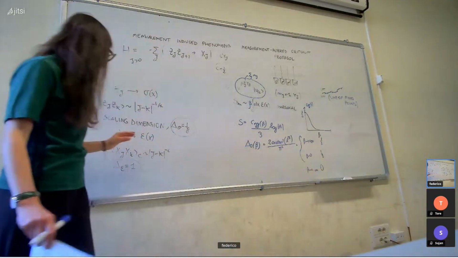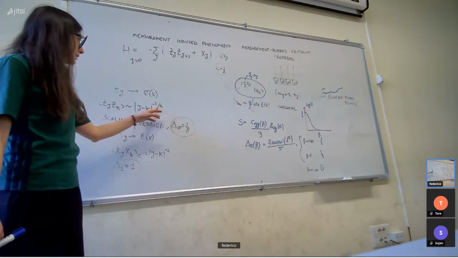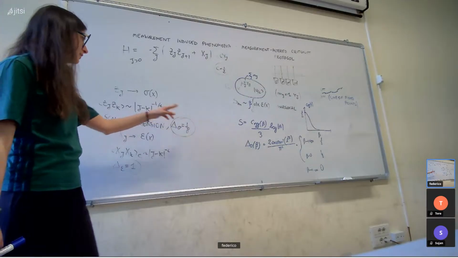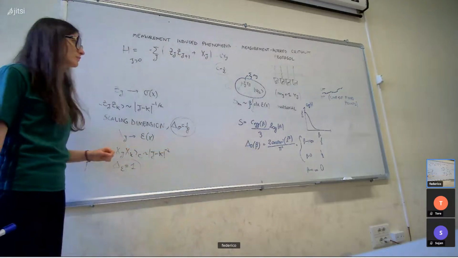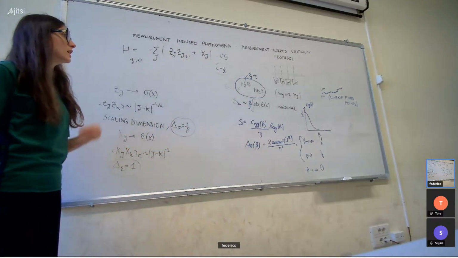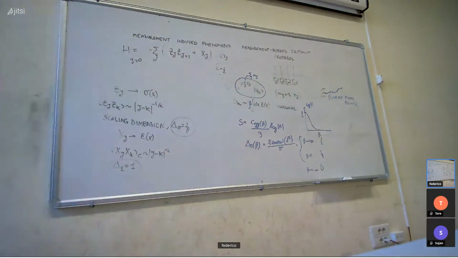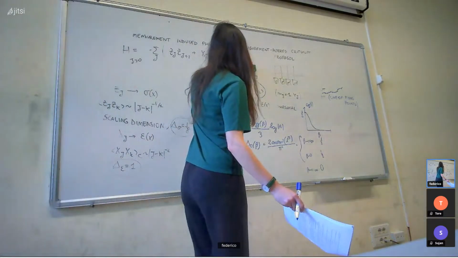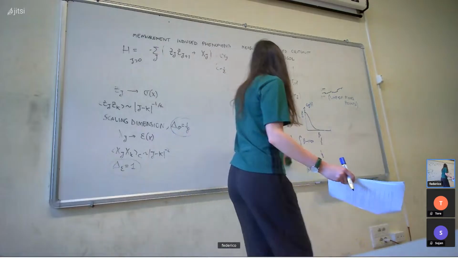So it means that if I compute the correlation function, it is not anymore 1 over 4, but it continues to change. Okay, so now let's see what happens in a different case where the perturbation is not marginal anymore.